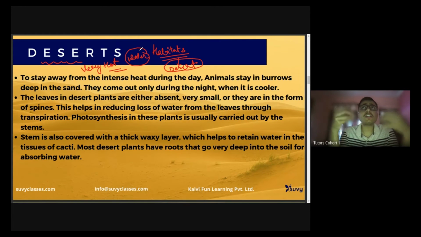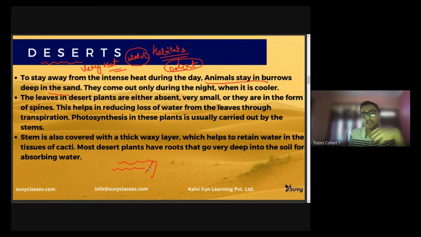So it gets very tough for animals to live here in deserts. So animals stay in burrows deep in sand. If this be the sand, they create burrows in it and live under the ground. Why?